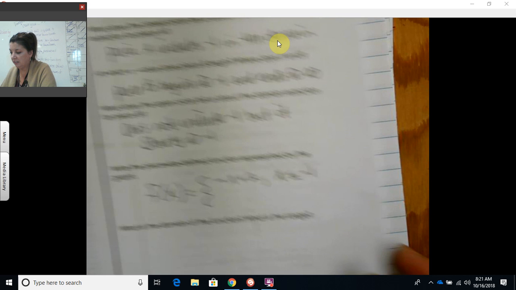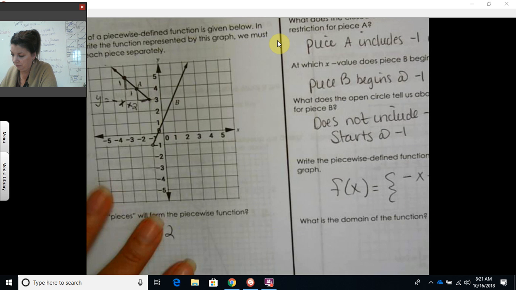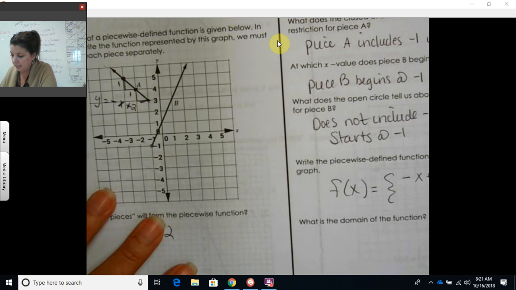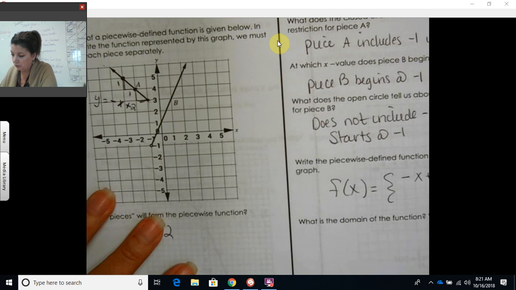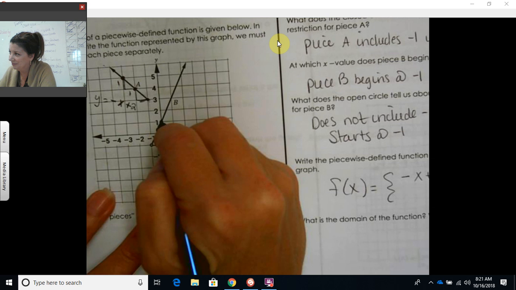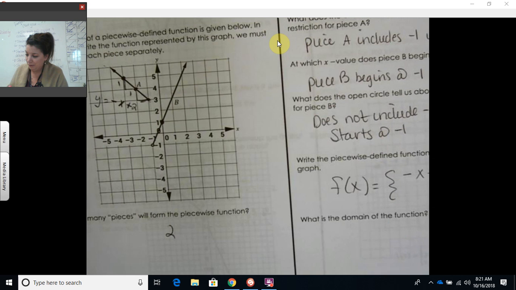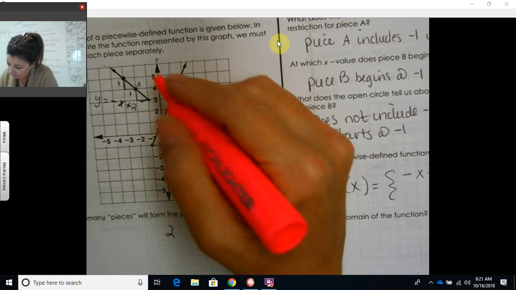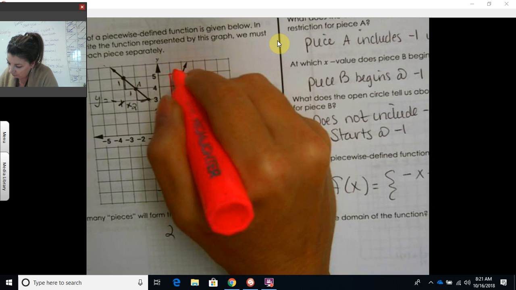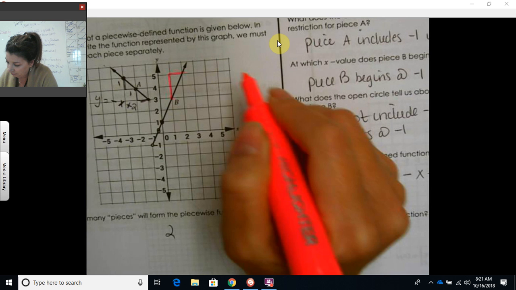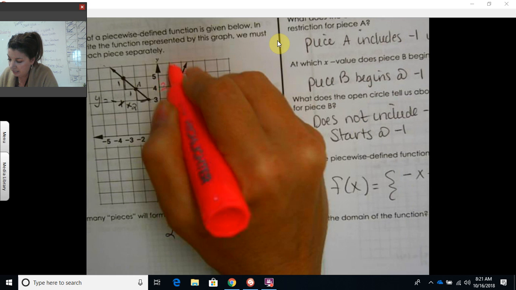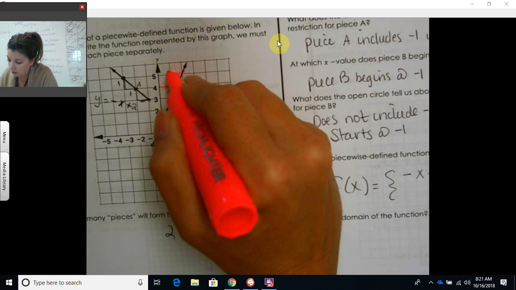Let's look at the other interval, B. What's the y-intercept? The y-intercept is 1. And the slope is what? It increases by 2. There's a rise of 2, a run of 1, right?